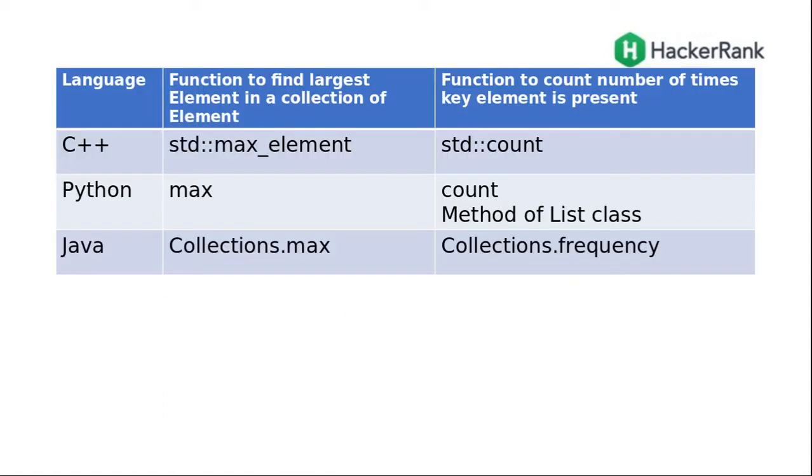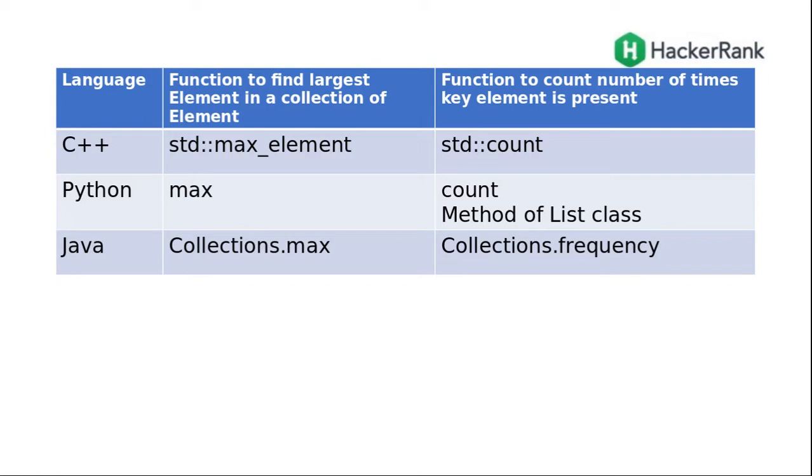Now I just listed the various functions available in various languages. If we look into C++, among the STL algorithms, we have an algorithm called max_element, which returns the pointer to the largest element.